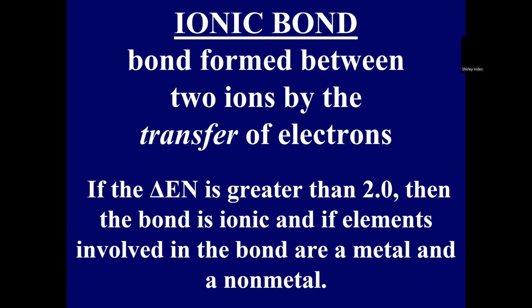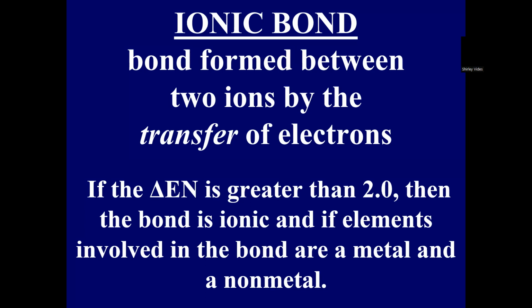Okay, so if the delta electronegativity is greater than 2, the bond is usually ionic. Now, I am saying usually because, as you know, there are exceptions to any rule, and there are some that are lower than 2 that are ionic. But as a general rule, this works.